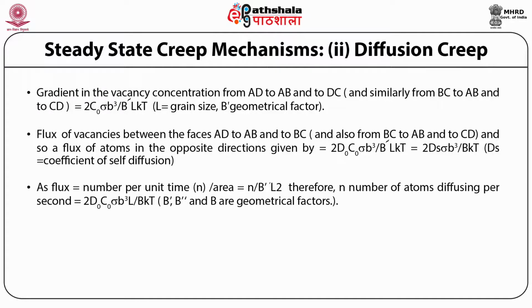Since flux is equal to the number per unit time n divided by area, equal to n by b″ L², therefore n, the number of atoms diffusing per second, equals 2 D0 C0 σ b³ L by b kT, and b′, b″ and b are the geometrical factors.